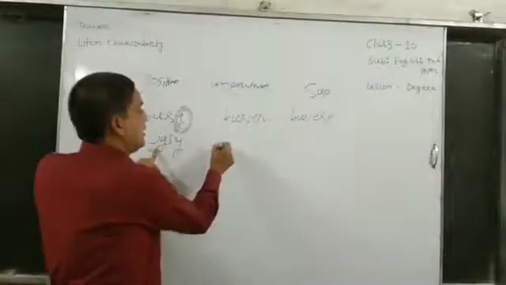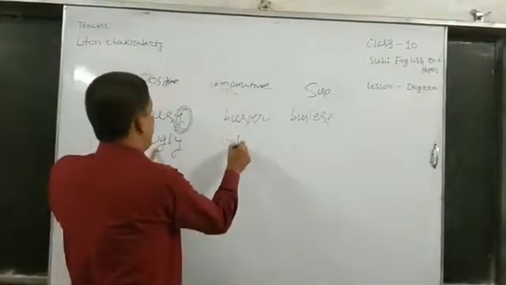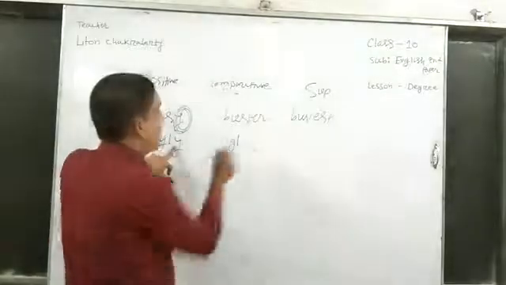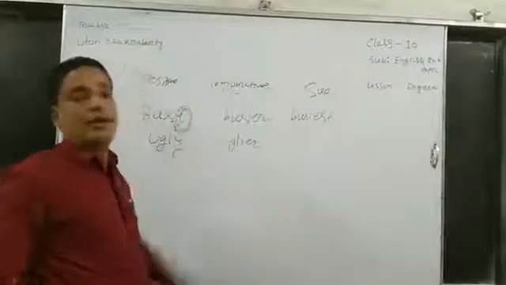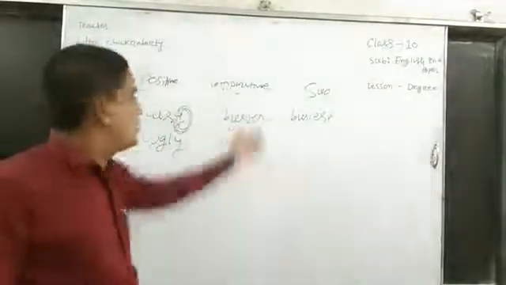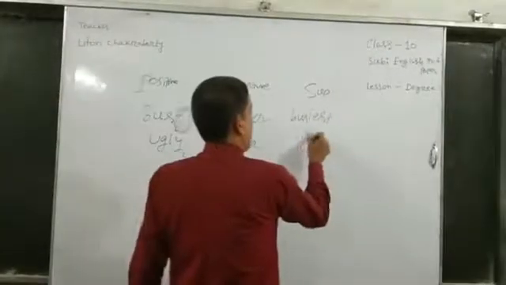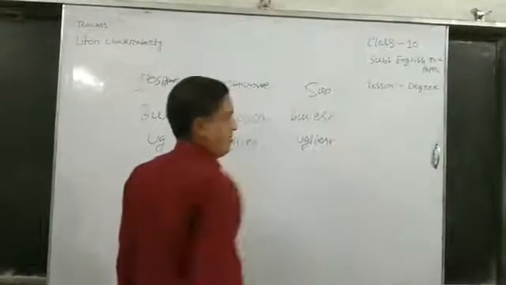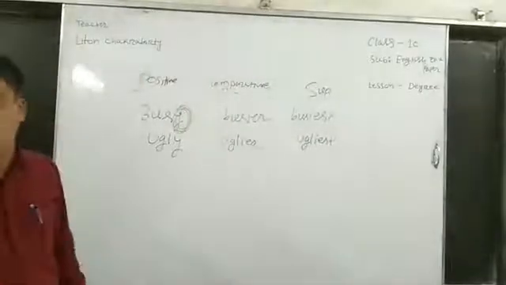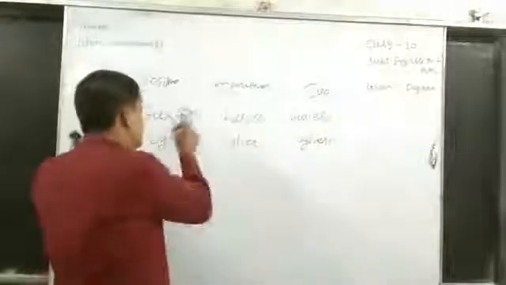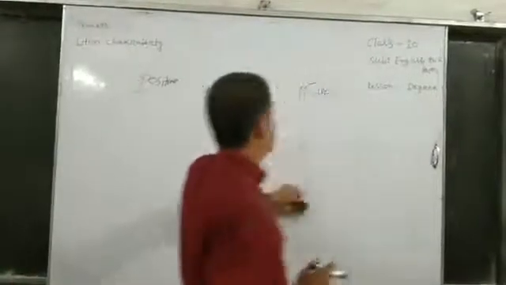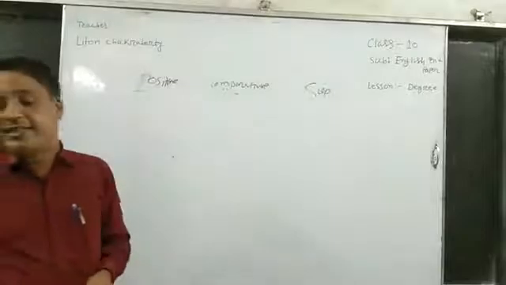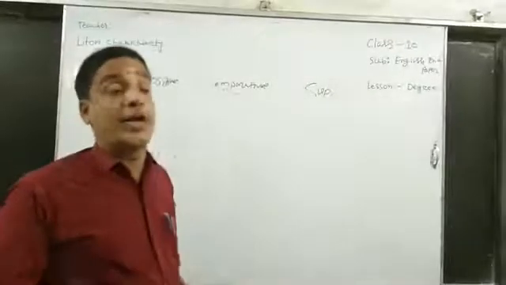Like ugly, U-G-L-Y, you get Y, you must use I, and here er will be added. This will be comparative, and last are least. This is the rule: if you get Y in the adjective, you must change it in this way.